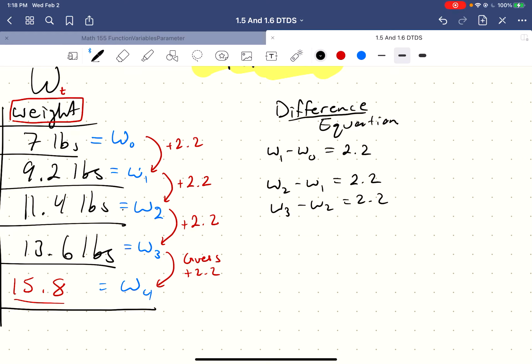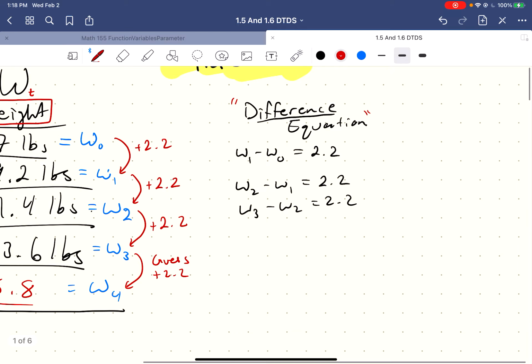Okay. Now, we don't really use this term in this class, but I want to introduce it because, one, I prefer it to the term we use. The term we use is updating function.